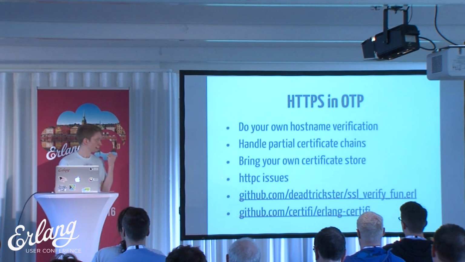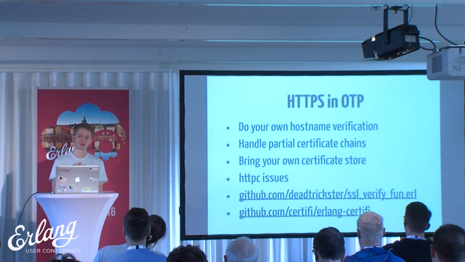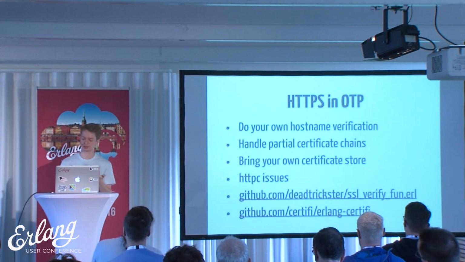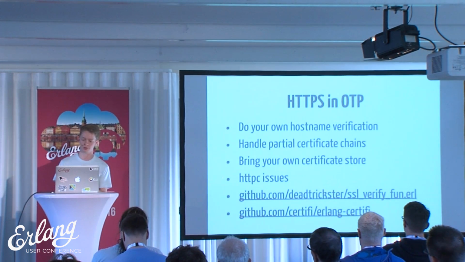Right. So I mentioned certificate stores. You have to bring your own. OTP or Elixir doesn't provide a certificate store, and there are no bindings to actually find a certificate store on the system, like the one you get with your operating system.